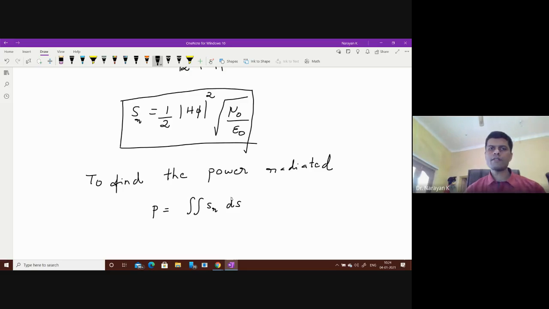So what is your S of R? This will be your power radiated is equal to half of this S of R. I am substituting from the above equation. So mu naught by epsilon naught will come outside the integration bracket.